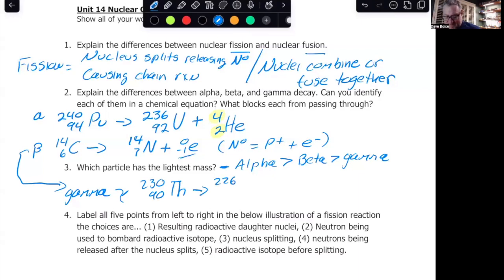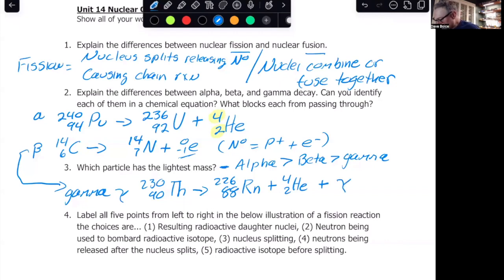That's a deduction of 4, and my atomic number is going to drop by 2, so 88. And 88 is radium, Ra, plus an alpha particle, which is a 4-2 helium. And then in addition, we are releasing energy in the form of gamma radiation.